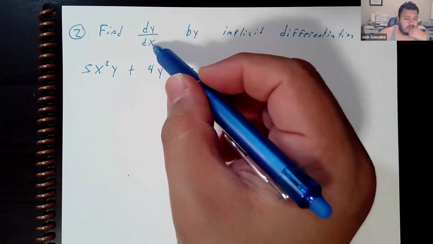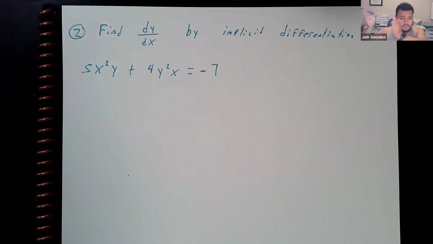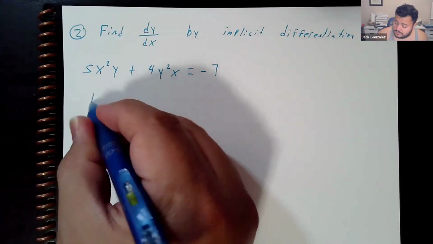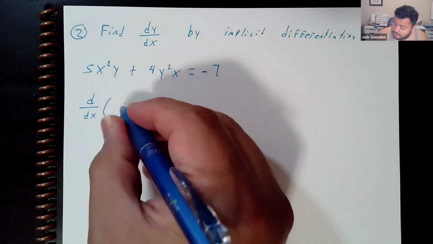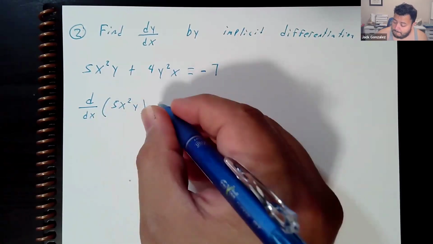Since it says dx at the bottom, that's the hint. Do d/dx of every single term. If the x's don't match, then do it implicitly. Okay. So I'm going to skip that first step. This is basically going to be d/dx of every single term, every single one.